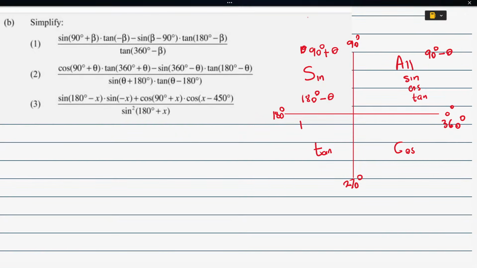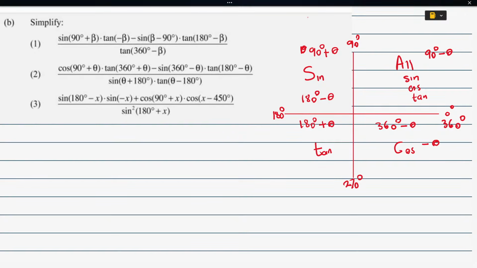And then this one is 180 degrees plus theta. We avoid 270. This one is 360 degrees minus theta and also negative angle, right? So this one is a cast rule, like I indicated. We call this one a what? A cast rule. So as a cast rule, it becomes easy.